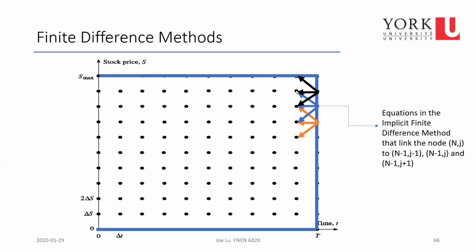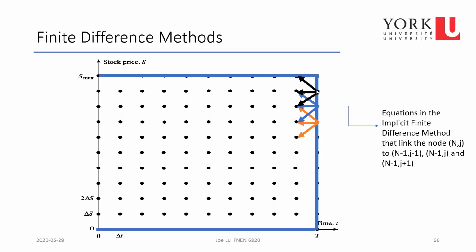Then we can also calculate the immediate exercise value. If the immediate exercise value is greater, then instead of taking the solution out of these simultaneous equations, at this point we take the immediate exercise value as the value of f. And in that case, we'll get a set of f values here.